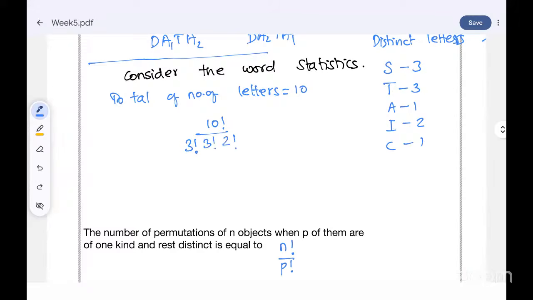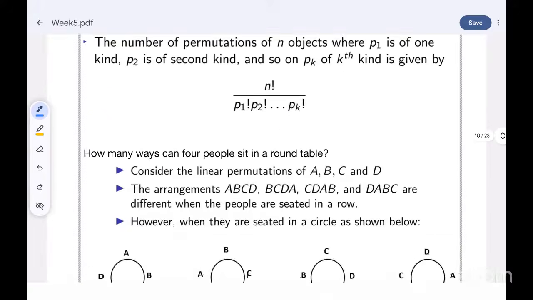So this is the number of possible ways you can arrange these 10 letters. Is this making sense? Yes, ma'am. Okay, good.